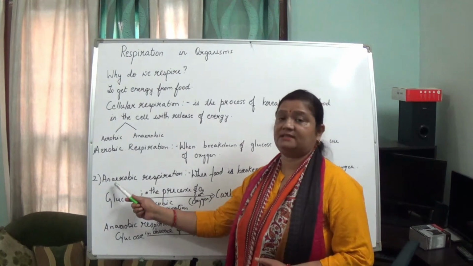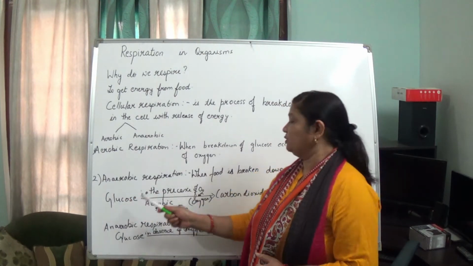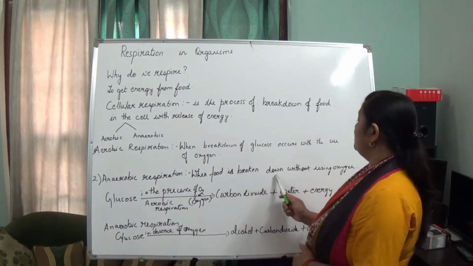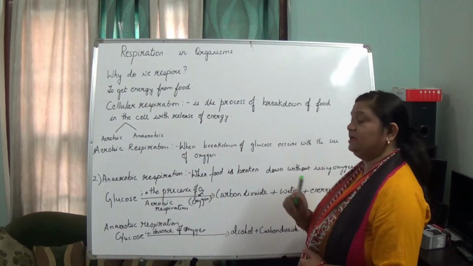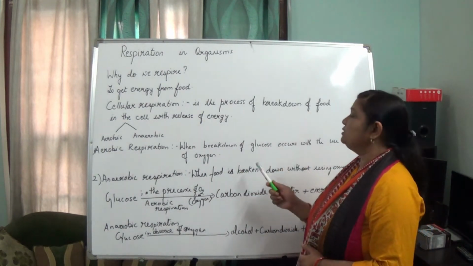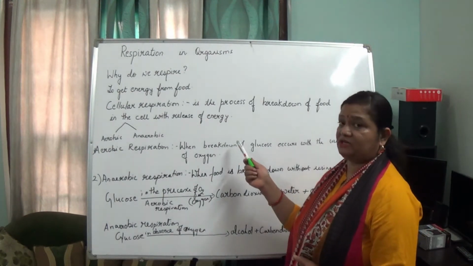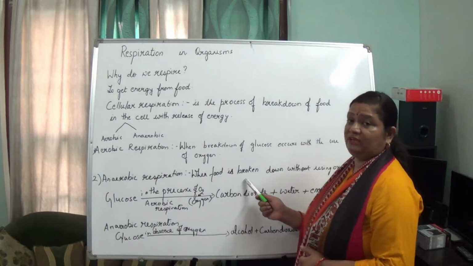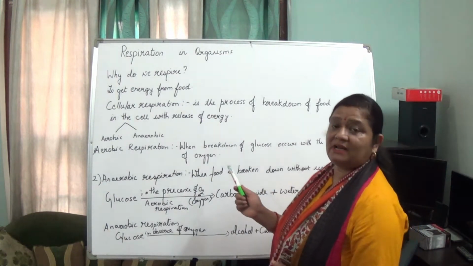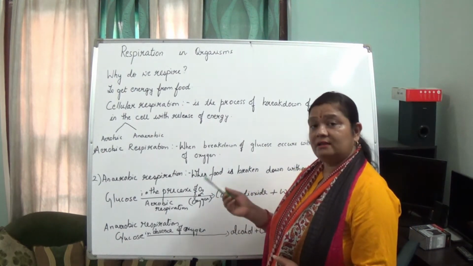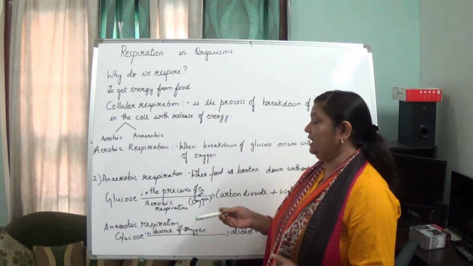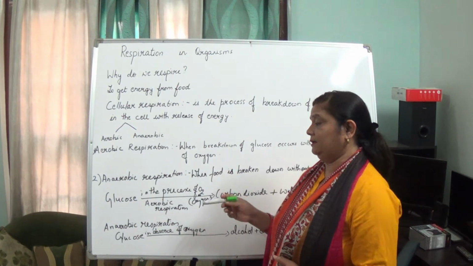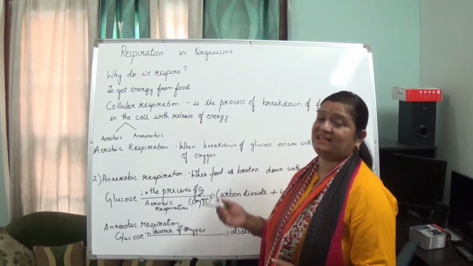Second is anaerobic respiration, where oxygen is not present. It is defined as the breakdown of food without using oxygen. We see aerobic respiration in ourselves, but anaerobic respiration we can see in microorganisms like yeast and other bacteria. You can even see it in our muscles when heavy exercise is done.